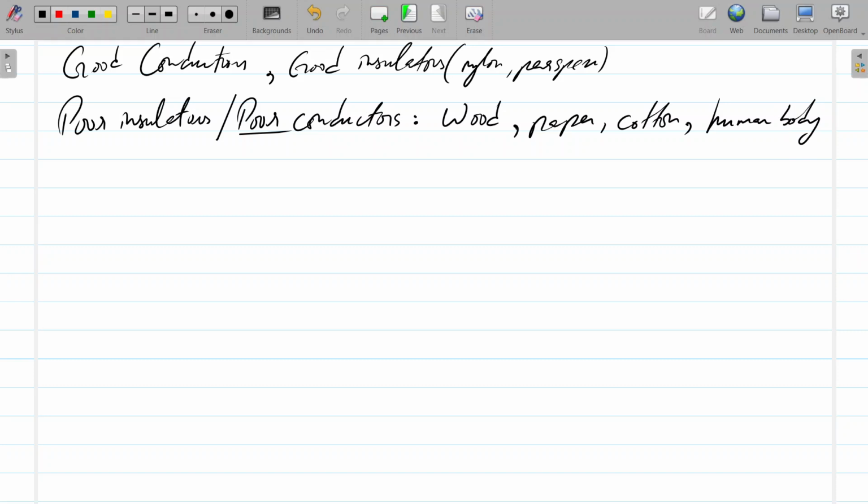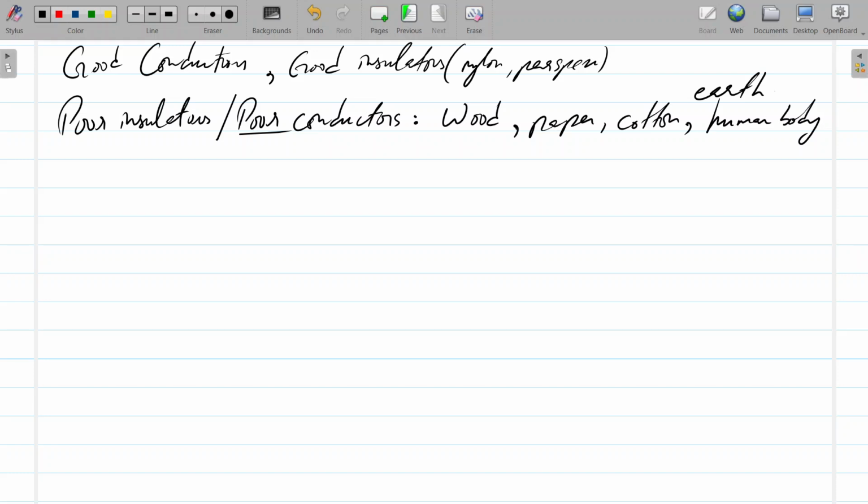Also the earth, as in the ground that we walk on. So they kind of stop it, but kind of let it go through. So 50-50, you could say. They're not good at doing either of those jobs.